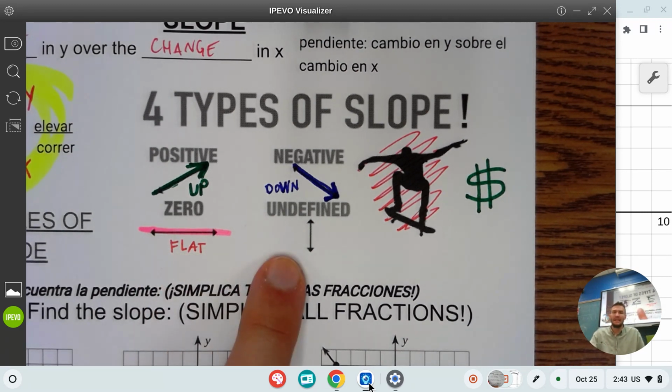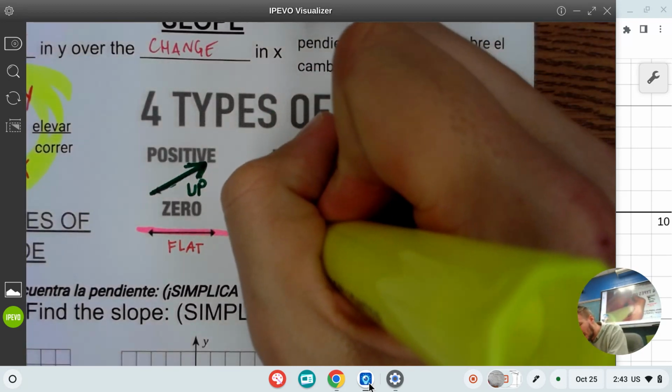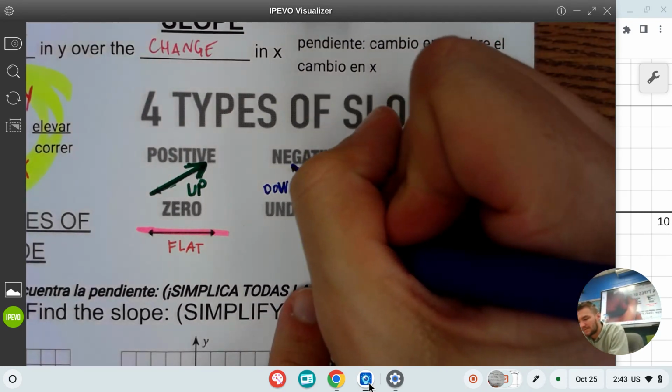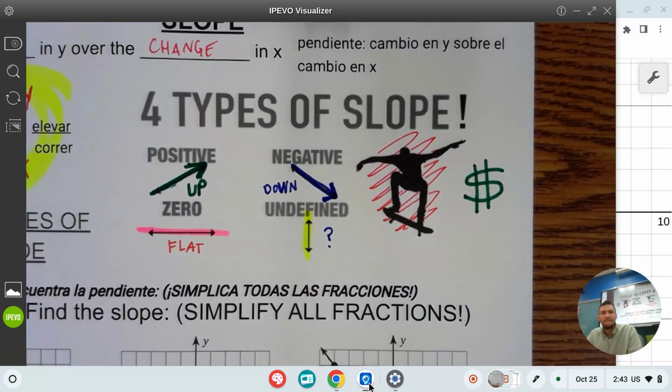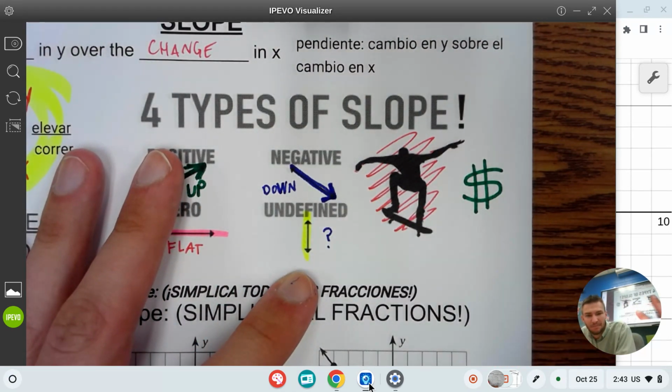Now, the last one is undefined, and the undefined graph is literally called undefined because it's really weird. I'm going to put a question mark here. It doesn't really make a whole lot of sense. If you look at your bank account and all you see is a straight up and down line, you're probably thinking, what the heck happened here?